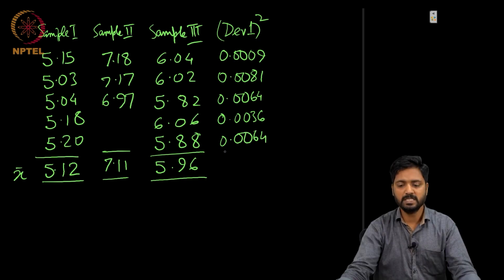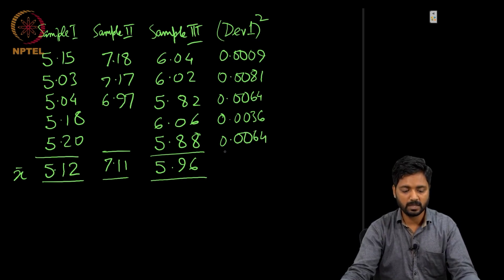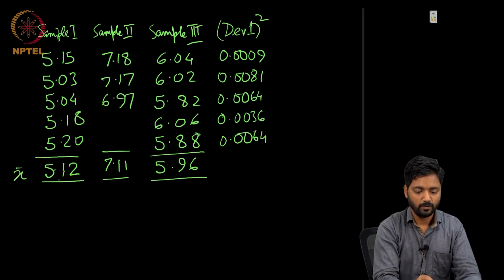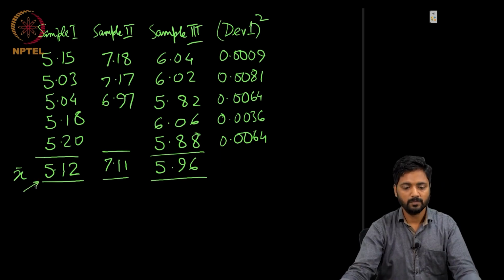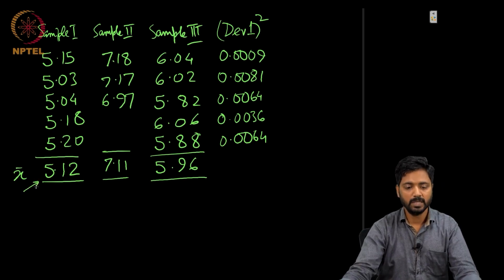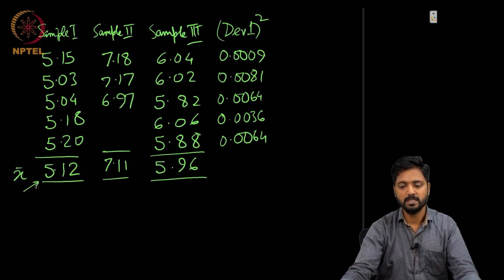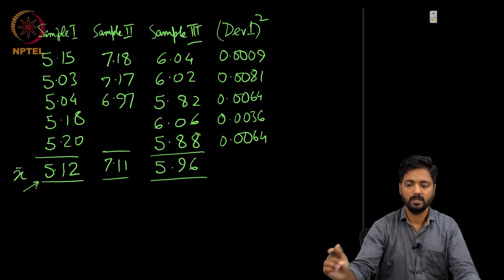Essentially, these numbers are nothing but 5.12, which is the x1 bar value, subtracted from the individual readings in sample 1, and the result that we obtain has been squared.